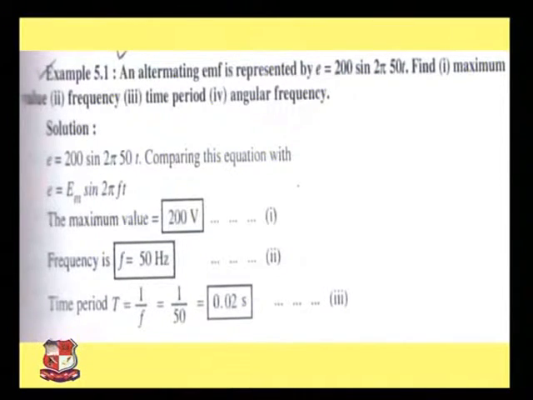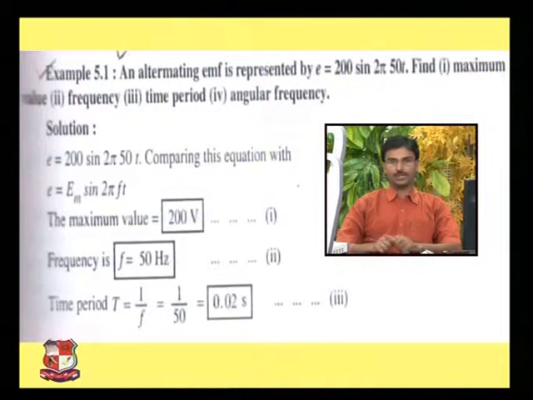Small e is equal to 200 sin 2 pi 50 t. Now we have to compare this equation with the standard equation. We know small e is equal to Em sin 2 pi f t. So we compare this equation with the given equation. So we get maximum value capital Em is equal to 200 volt very easily.